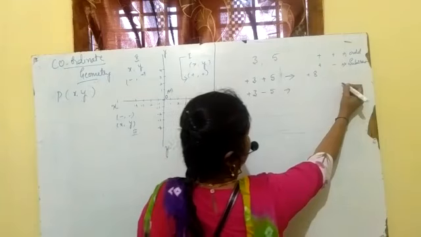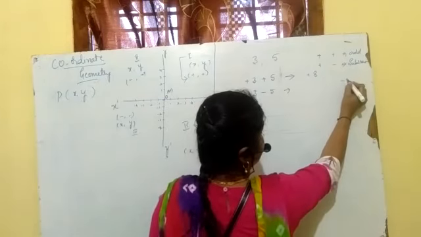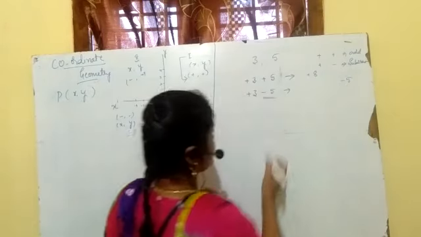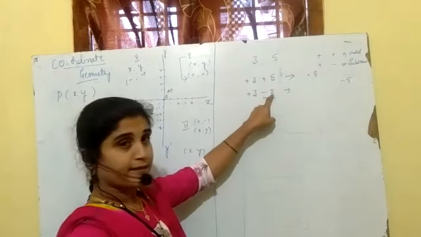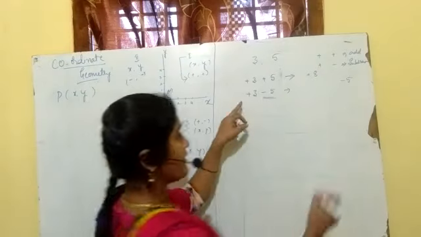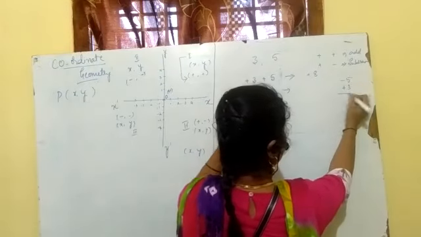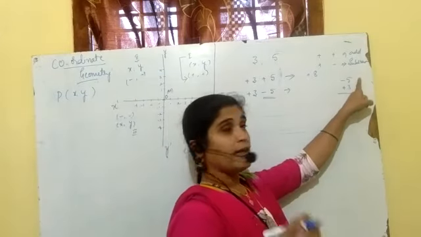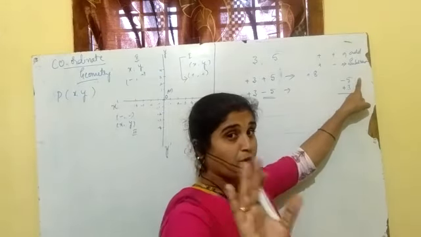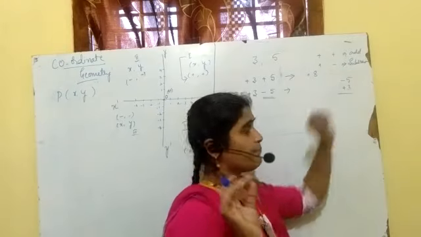Whenever you are subtracting, write the sign with its number. Minus 5 first and then plus 3 second. Why have I done this? Because in subtraction, we write the bigger number first and then the smaller number.